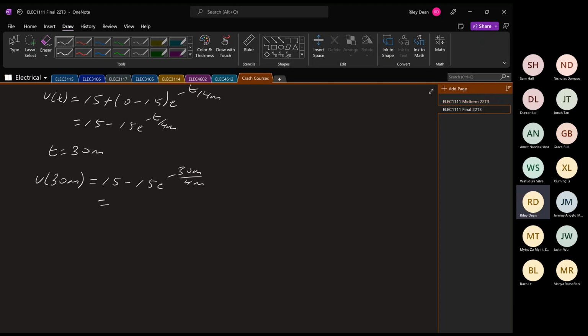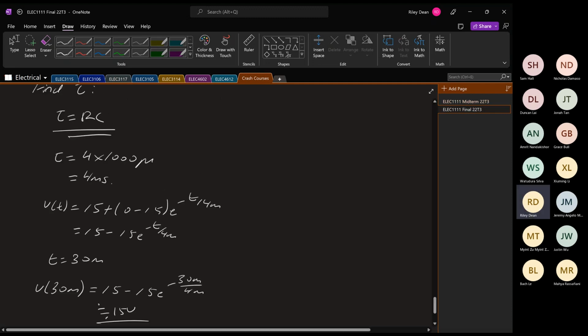From that, what we can see is that we get very close to 15 volts. So we'll assume it's 15.